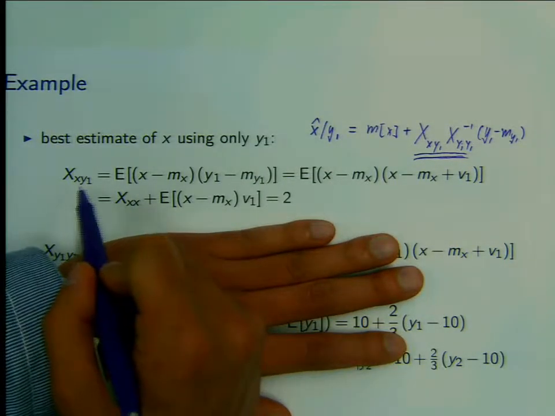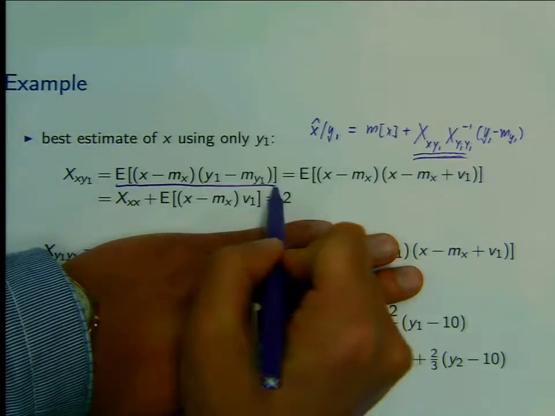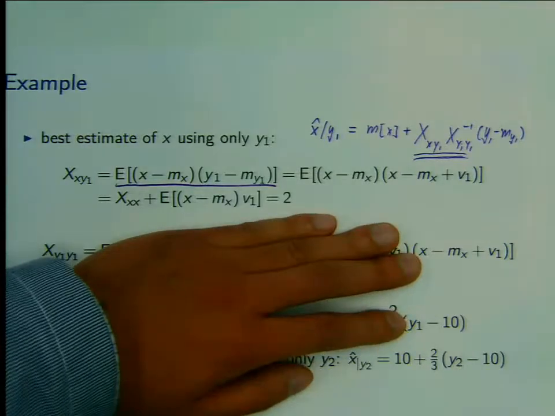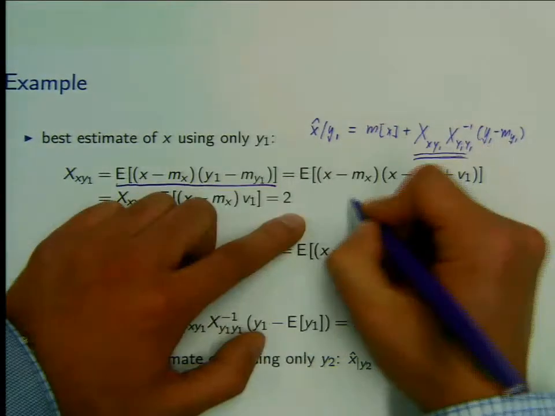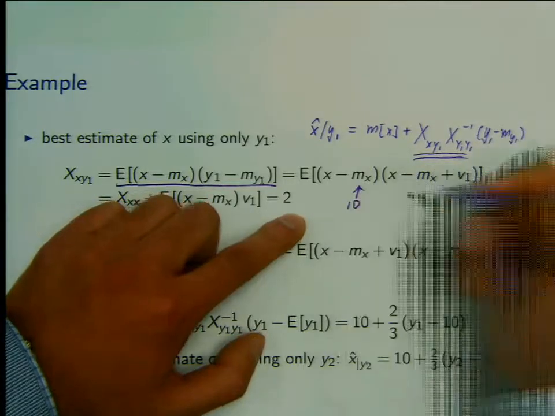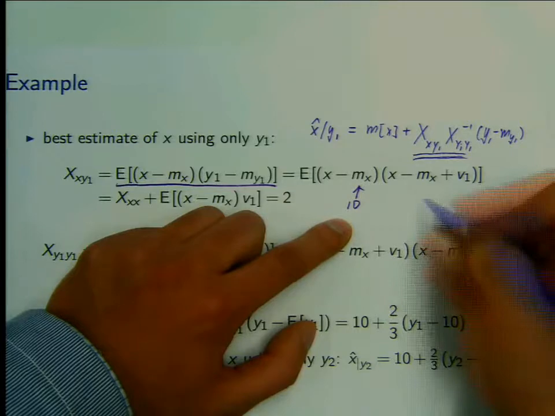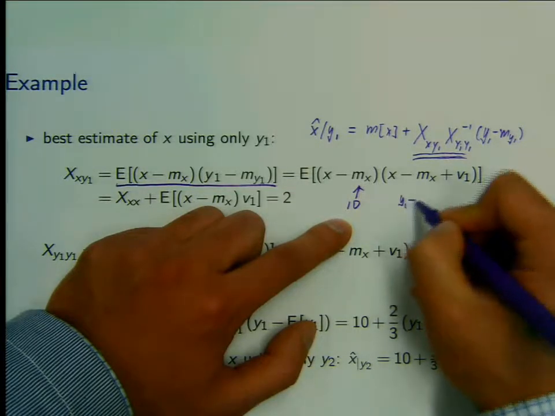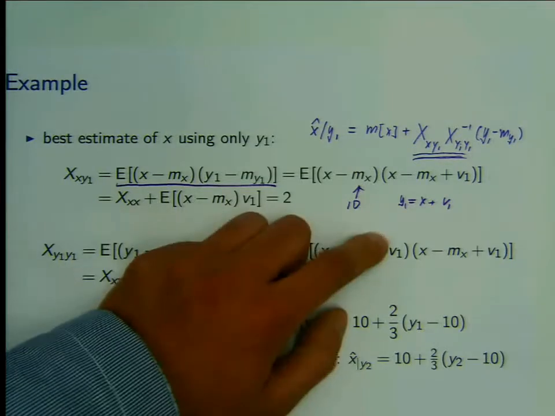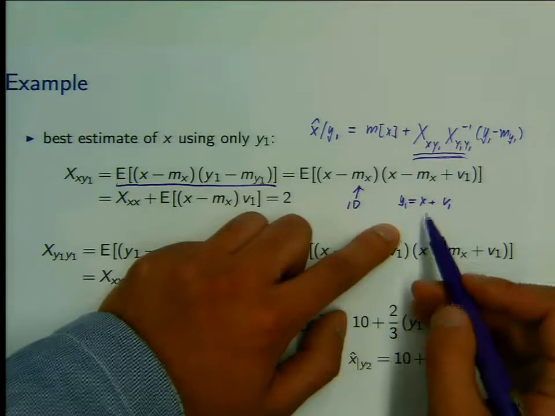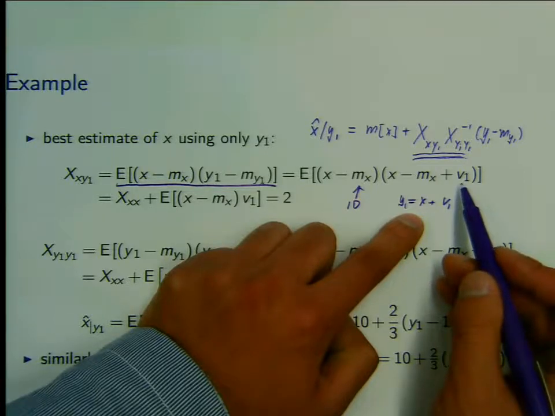The cross covariance between x and y1 is defined by this quantity here. If x has a mean of 10, what will be the mean of y1? This should also be pretty easy to obtain. It's going to be the mean of x plus v1.